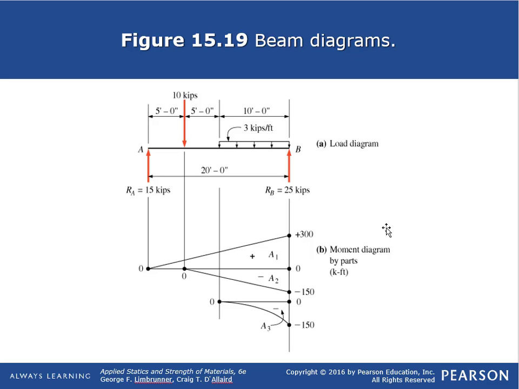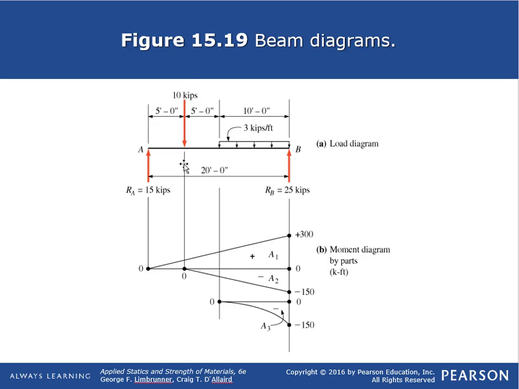So we have 3 different force systems that are causing moments about point B. The moment of reaction A about point B starts at 0 and then increases up to 300. Now what's 300? 300 is this 15 kips for RA times this 20 feet. So as you approach point B, your moment increases.